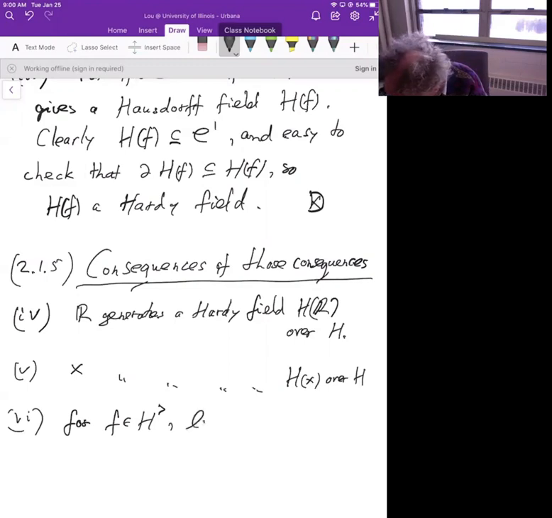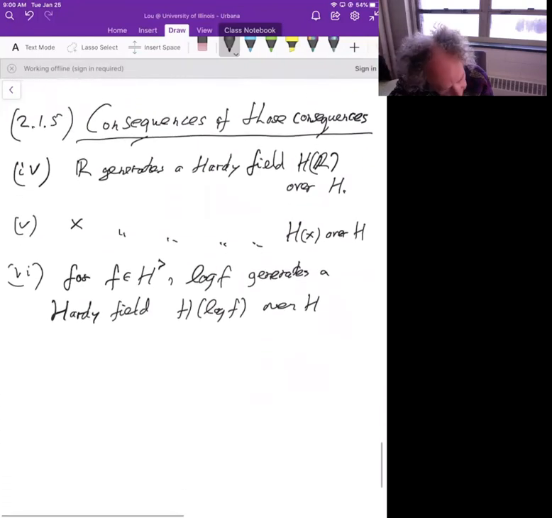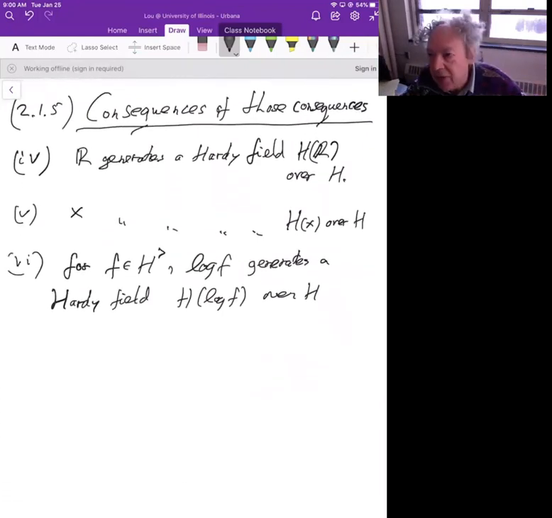Log f, which makes perfect sense as a germ, generates a Hardy field H(log f) over H. Okay.